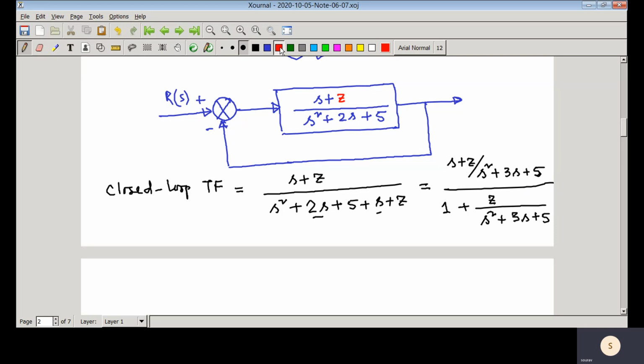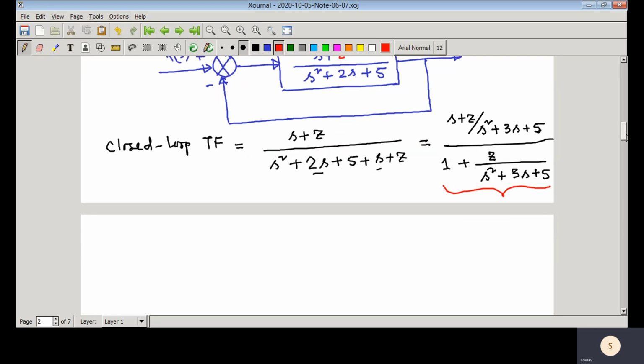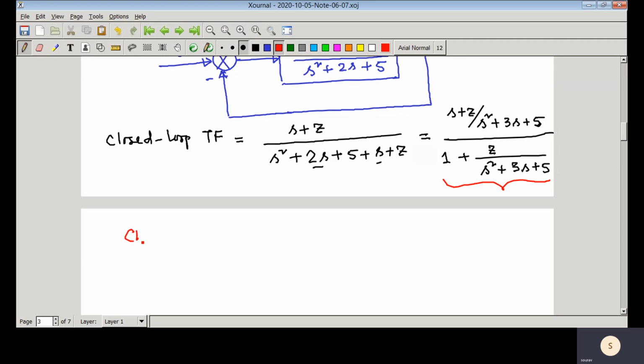So now we can see that this is the characteristic equation: 1 plus z into 1 by s square plus 3s plus 5 equal to 0.